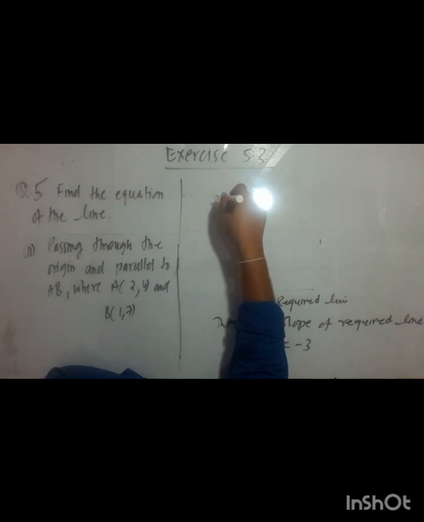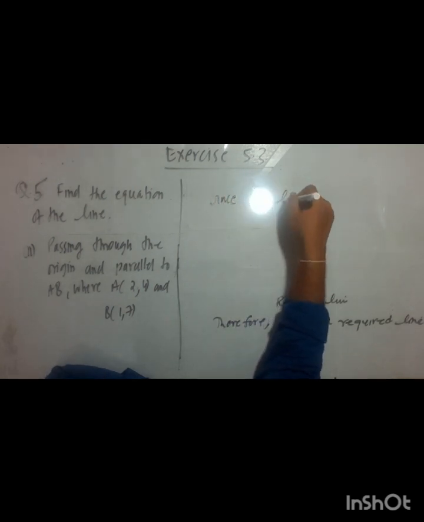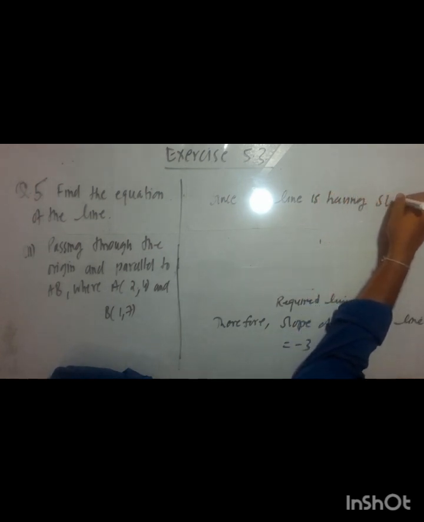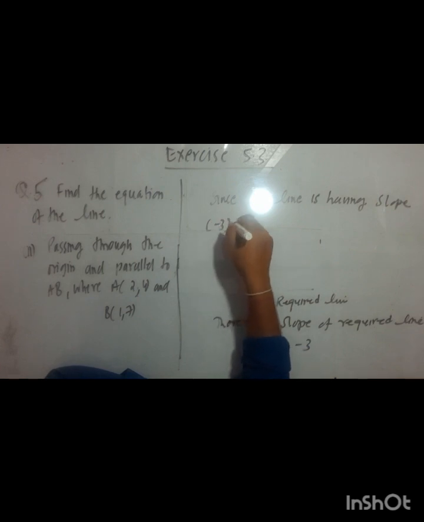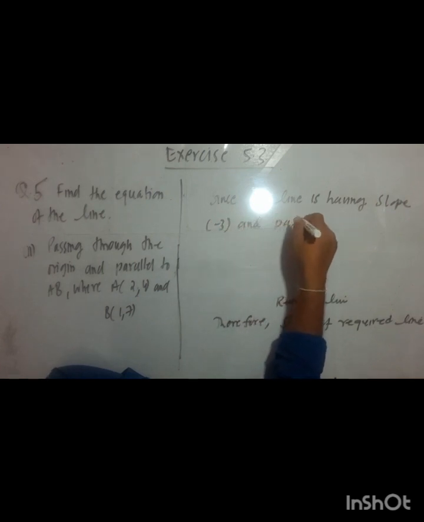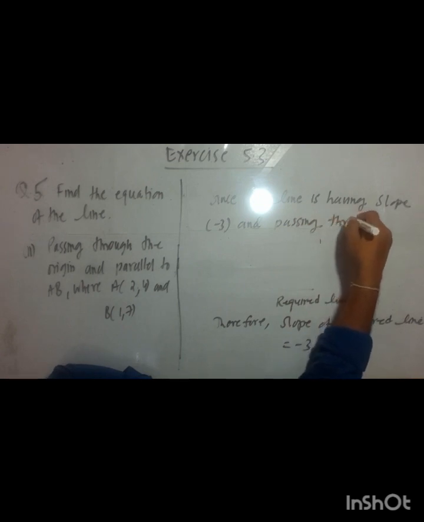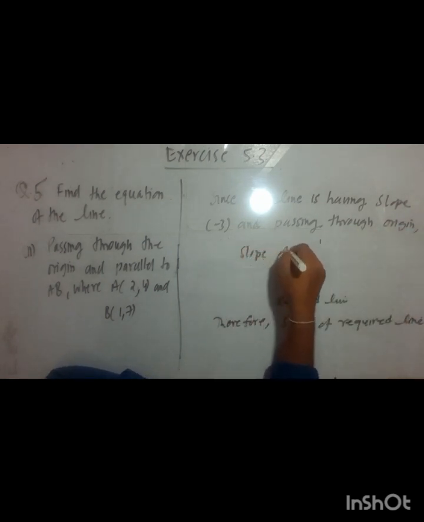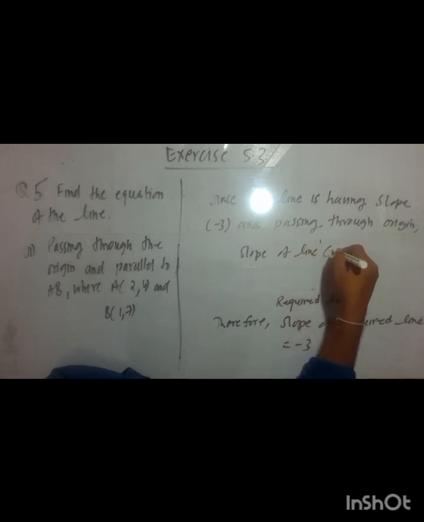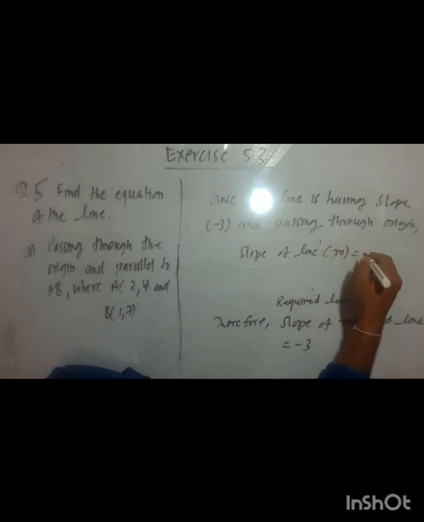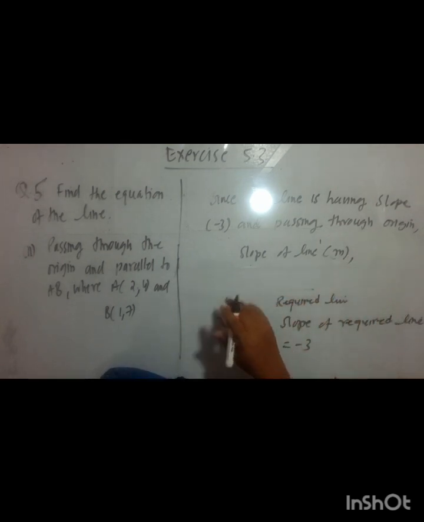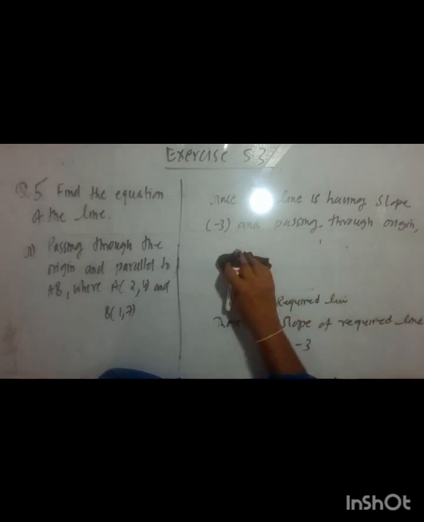Since our line is having slope minus 3 and passing through origin, how will you calculate the equation of the line?